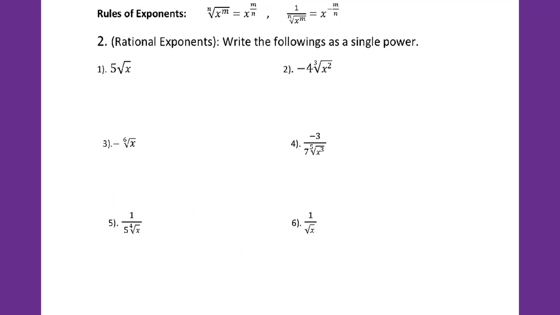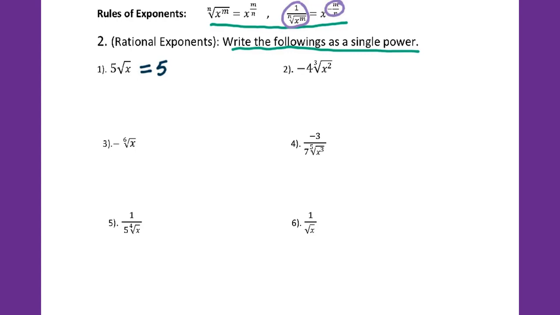Now, we got to use these two rules to write the following as a single power. Whenever you have 1 over, you will make exponents negative when you write as a single power. So for number 1, 5 square root of x. We know 5 is a coefficient.